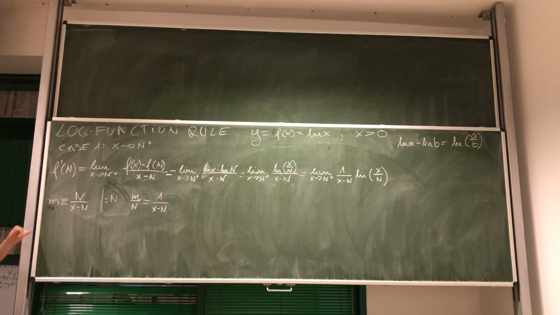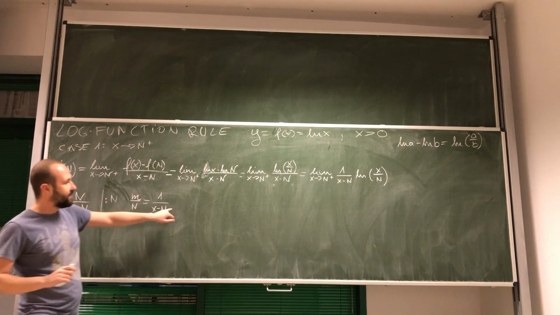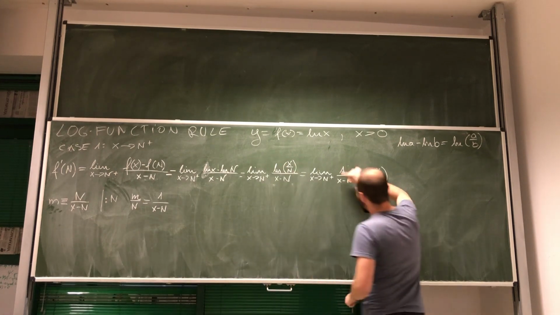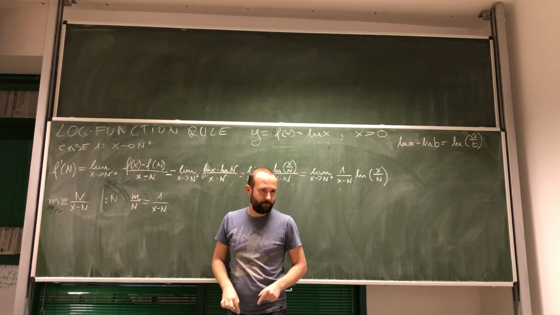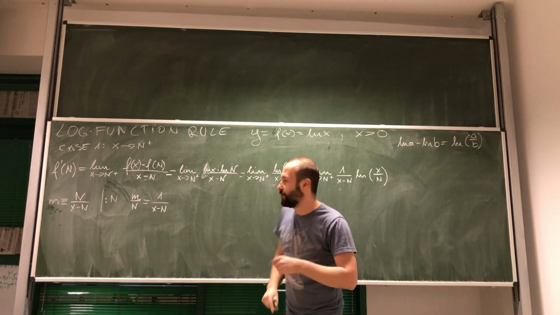Okay, so we've introduced the variable m for some reason that I'm going to explain a little bit later. Now, look, what we were able to do. Now, I can change 1 over x minus n into m over n, which is going to turn out to be very useful a little bit later.